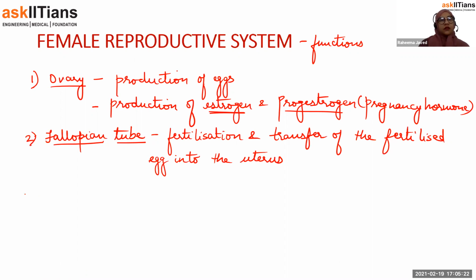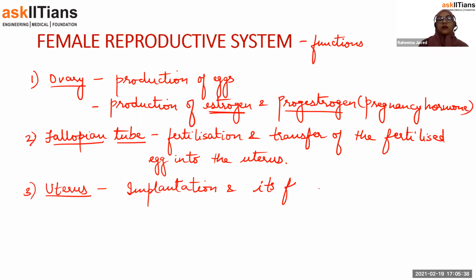Then the third part is the uterus. Uterus is the region where implantation takes place. Implantation is the fixing of the embryo and its further development into a fetus.